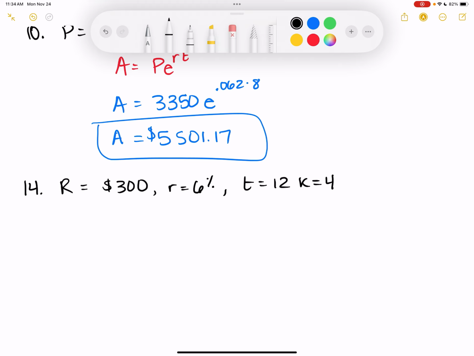The formula for future value is future value equals big R times the whole thing, so when you put it in your calculator you have to do it like this: 1 plus I to the n minus 1, over I. I equals R over K.